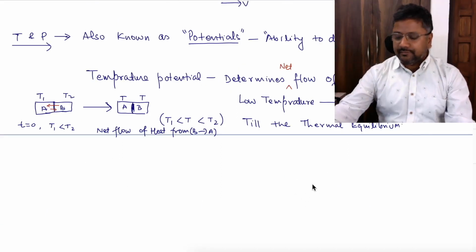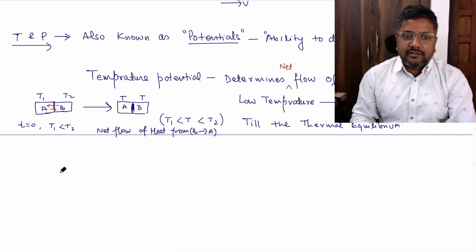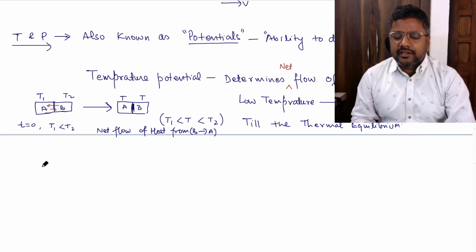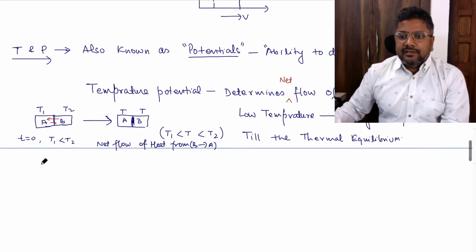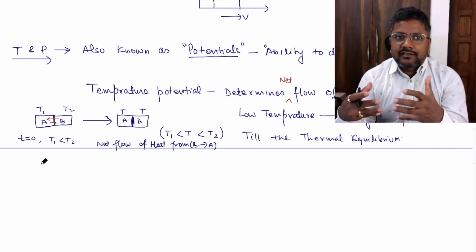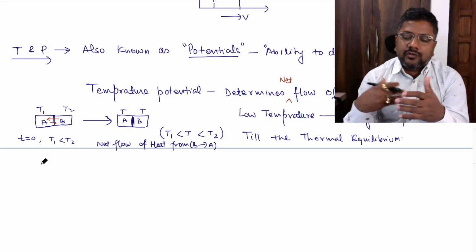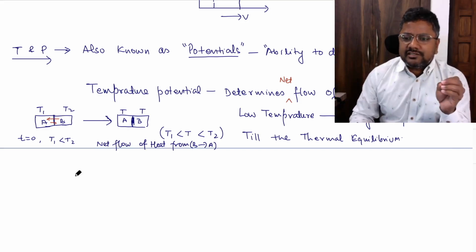Now let's talk more about temperature and the units in which temperature can be expressed. Temperature is a non-mechanical property, meaning it has no relation with the matter. Basically, you can say it is temperature difference that determines the flow of heat energy. So temperature is a variable used to explain the flow of energy or to calculate the energy, but it is not a mechanical property, meaning not related to the matter.